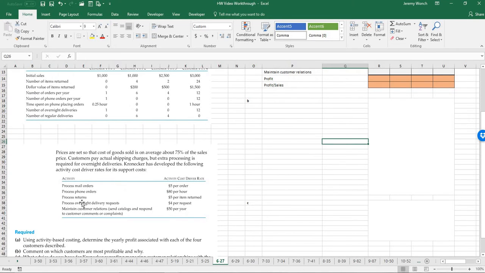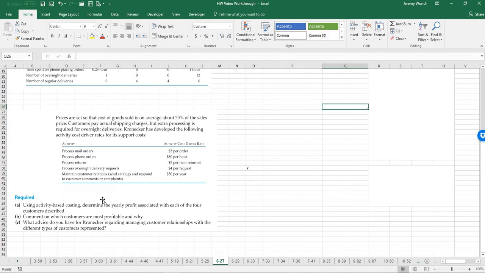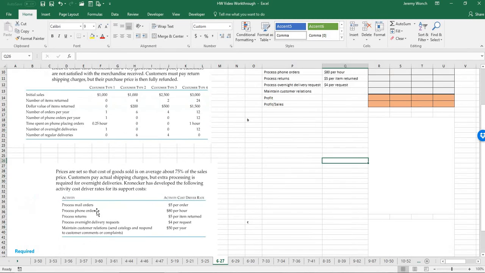And so now they identify the different activities that go on: processing mail orders, processing phone orders, processing returns, processing overnight requests, and customer relations. Part A says, using activity-based costing, determine the yearly profit associated with each of the 4 customers.